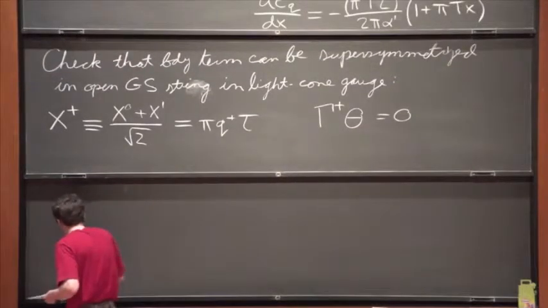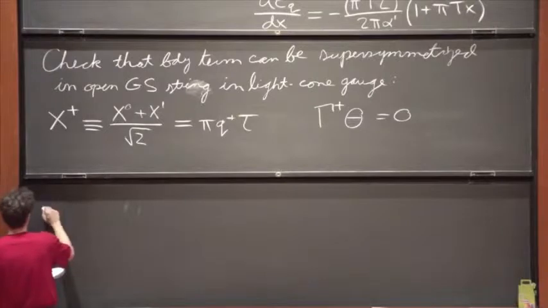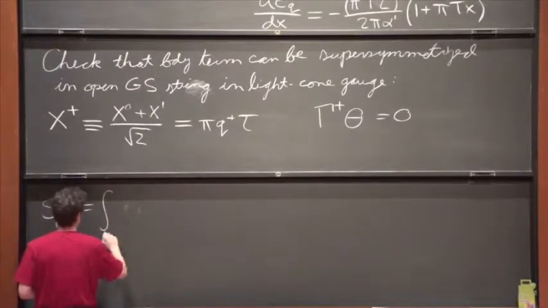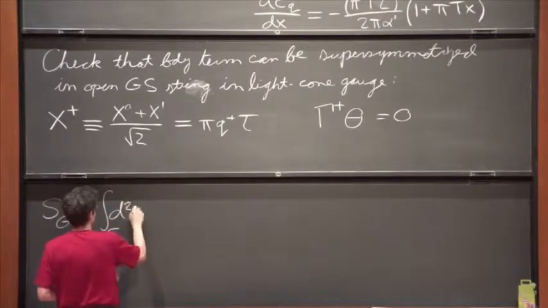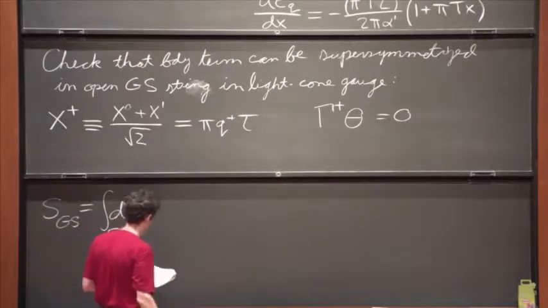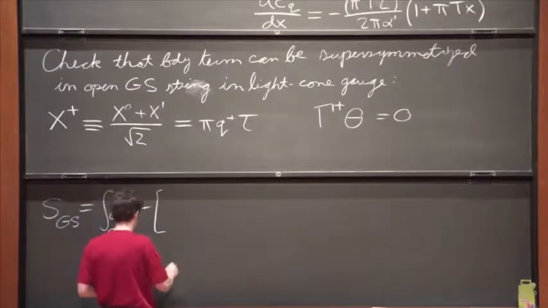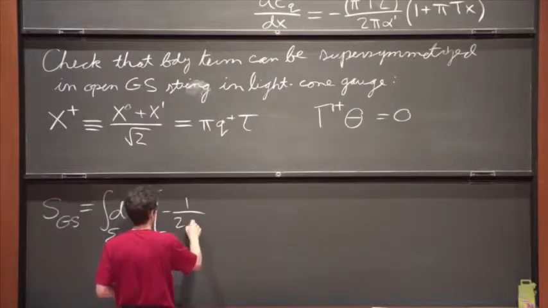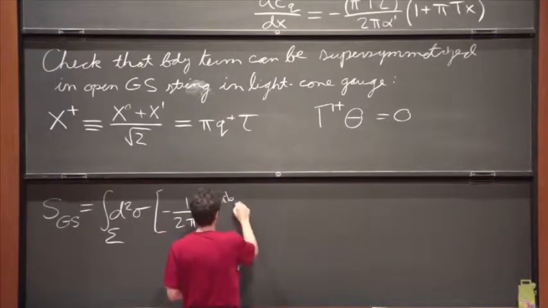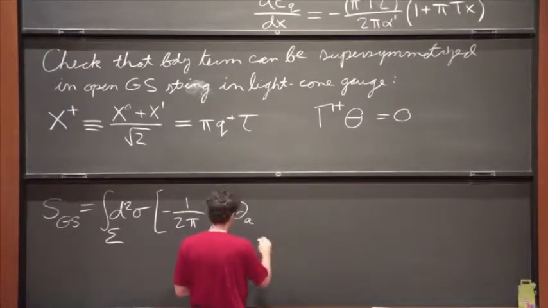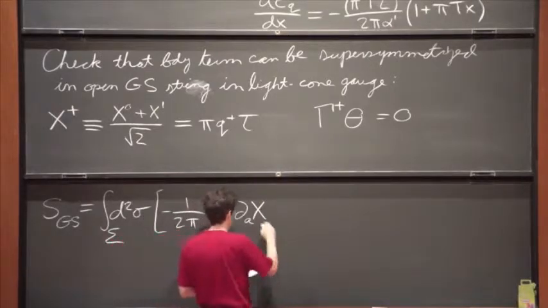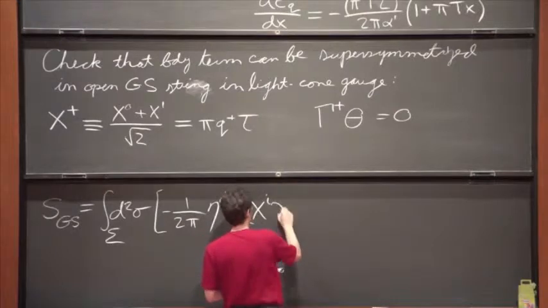The Green-Schwarz action looks like this. It's some augmentation of that Polyakov action that I wrote at the top of the first board. Some supersymmetrization of the Polyakov action. And I'm writing it a little bit more simply, specializing to a particular worldsheet metric and a particular value of alpha prime.